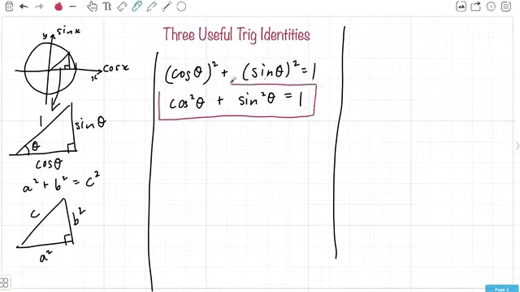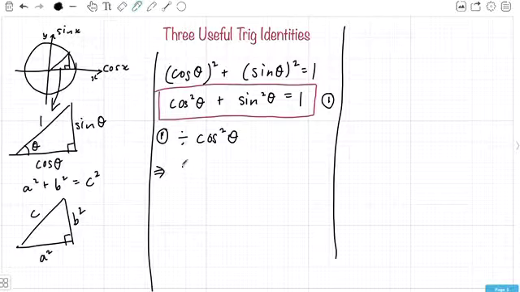That's a classic one. Now this rule actually helps us to get two other important rules that you want to make a note of in your books. So the second rule that we're going to get from here, let's think about taking this rule. Let's call this 1, and let's divide 1 by cosine squared of theta. Okay, so what we're going to have is cos squared theta plus sine squared theta equals 1.